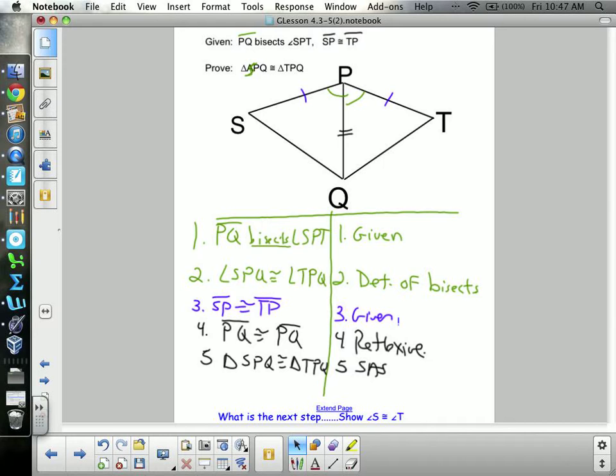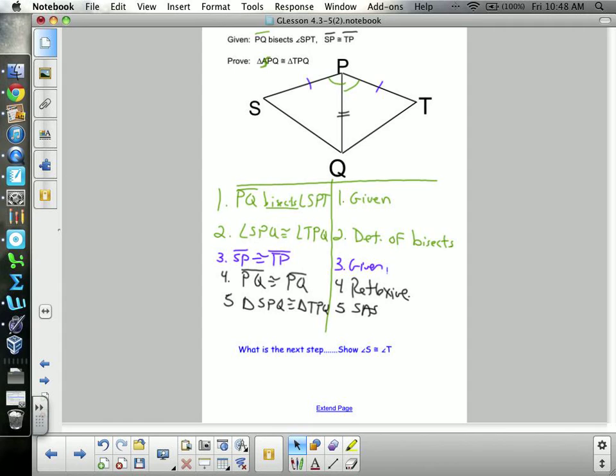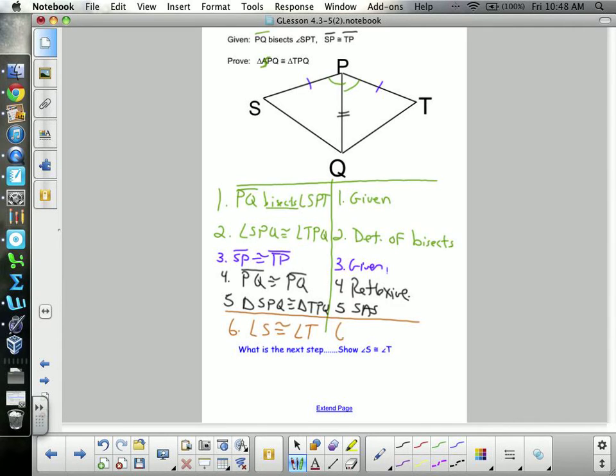So if I want to know that angle S is congruent to angle T, yes, it has to be, because I've hit the congruent triangle point. Angle S has to be congruent to angle T because they are corresponding parts of congruent triangles. CPCTC is a phrase that we use all the time.